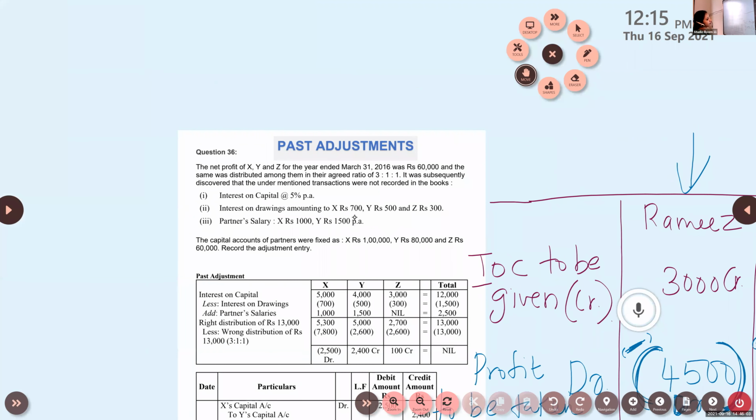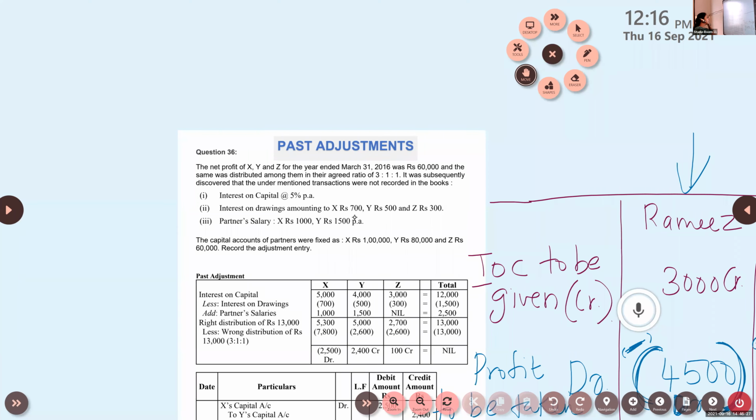That is the net profit. The same was distributed among them in the ratio 3:1:1, so that is the profit sharing ratio. It was found that interest on capital at 5% per annum, interest on drawings 700, 500, 300. The amount is directly given, no need of calculation.